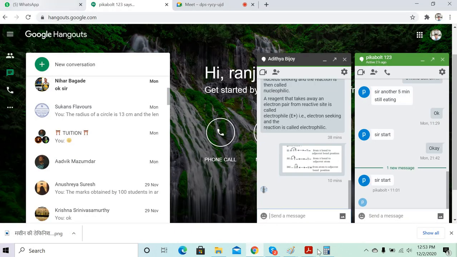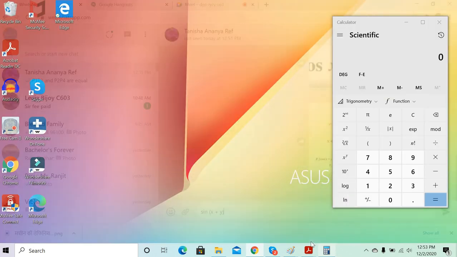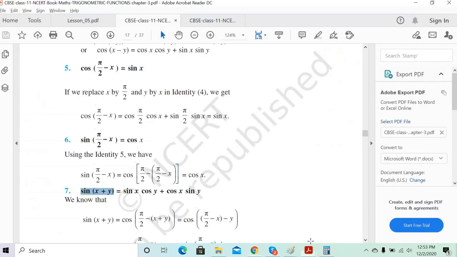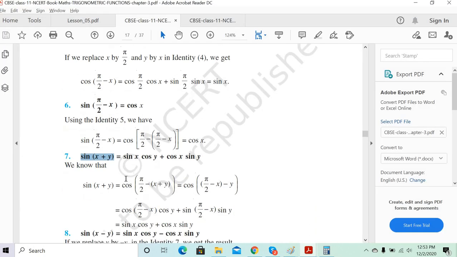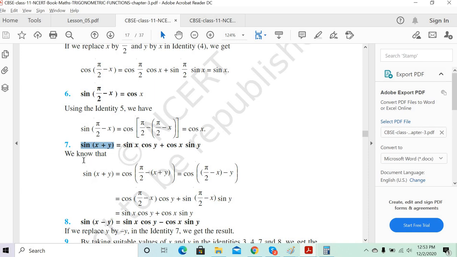Let's try to understand. Sin x plus y can be written as, you remember sin theta is equal to cos 90 minus theta? So sin x plus y can be written as cos pi by 2 minus x plus y.